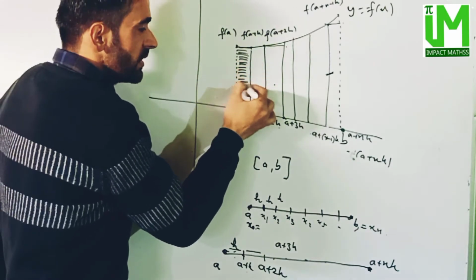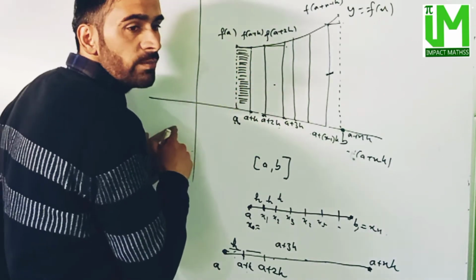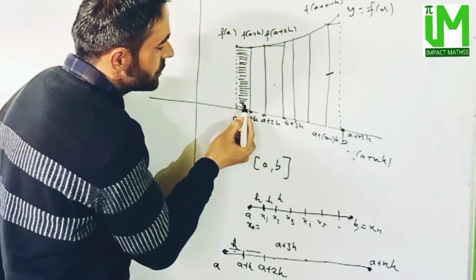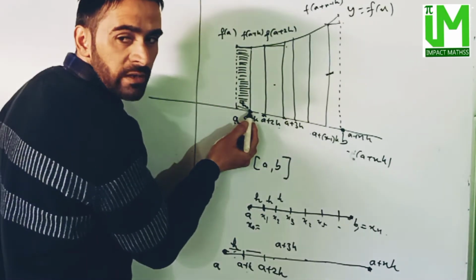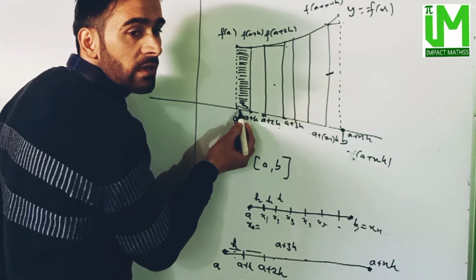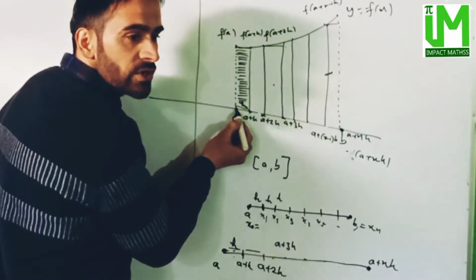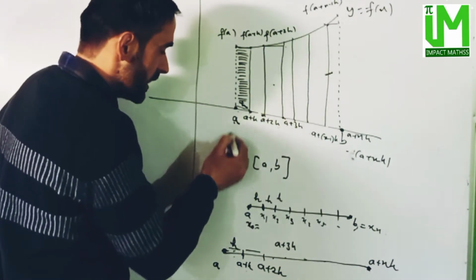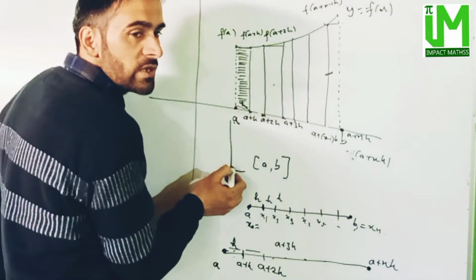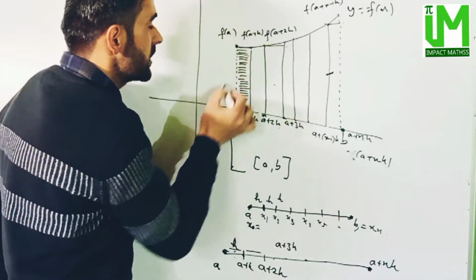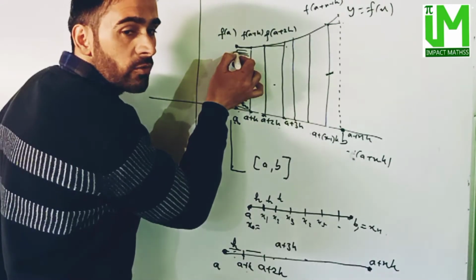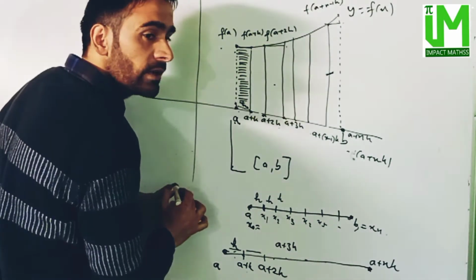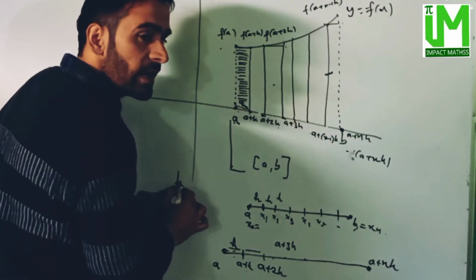In a rectangle, how do we calculate its area? Simply length into breadth. The breadth here is h. What is its height? Now the length, the value along the x direction and y direction. Traveling in the y direction, the y coordinate is f of a.